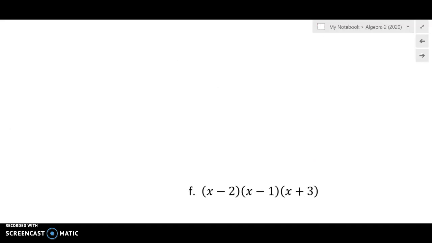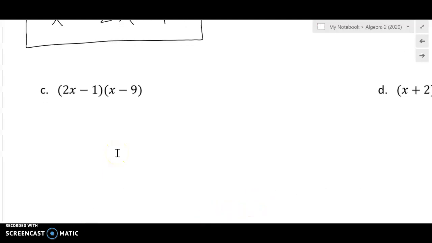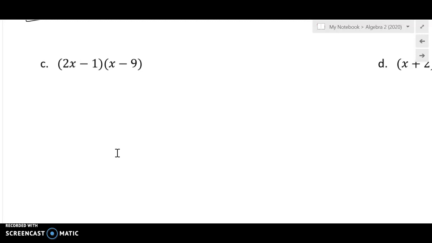Okay, let me go and show you the next one that I have here. Problem C. It is a binomial times a binomial, so I'm going to use my FOIL because I personally think that's just a little quicker. I do the first terms: 2x times x is 2x squared.